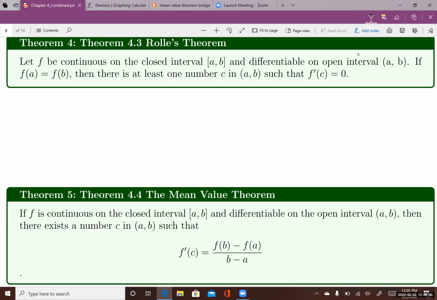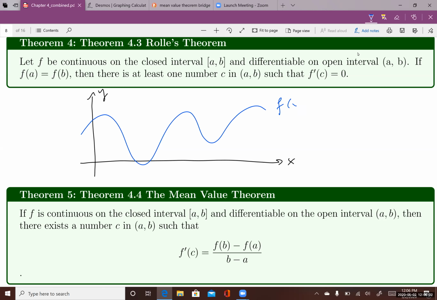So Rolle's theorem says, if you have a continuous function f of x on a closed interval, so this is x, y, and I draw a function f of x, just like a random function.